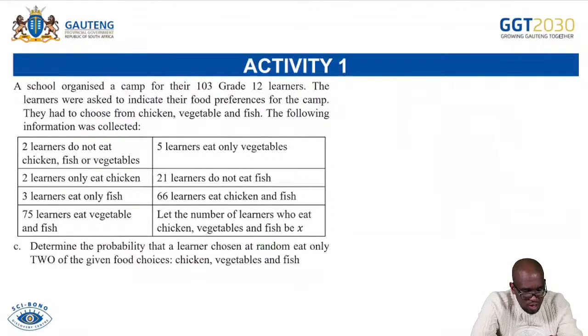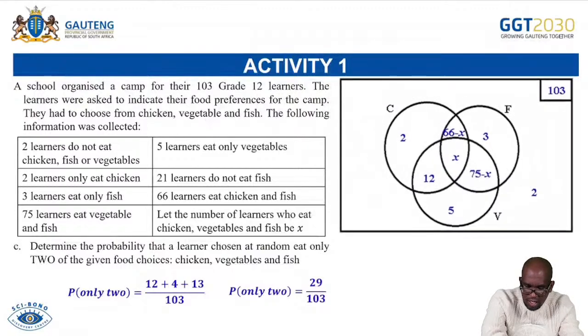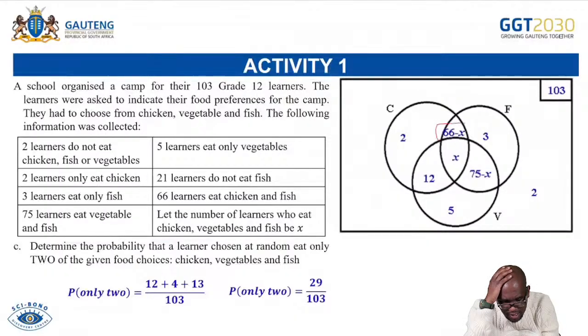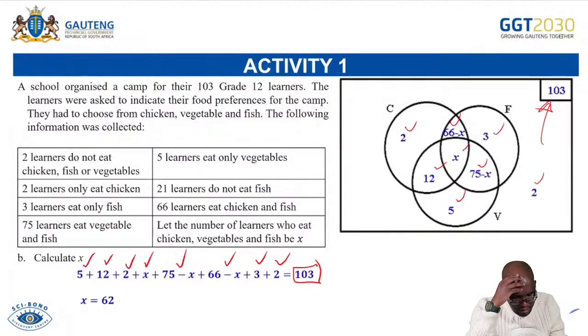Determine the probability that a learner chosen at random eats only 2 of the given food choices. For only 2, we have 12, we have 4, we have 13. Let me bring in the Venn diagram, it was supposed to come first. If this is 66 minus x, we got that x is 62, let me check again, yes, x is 62.